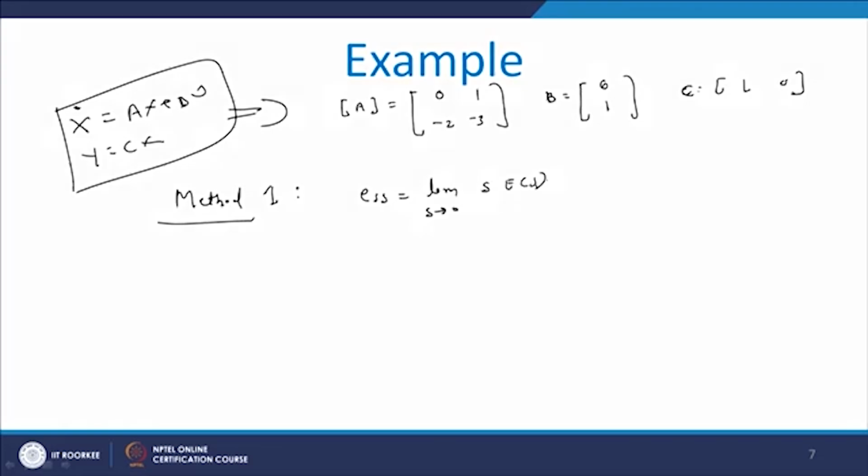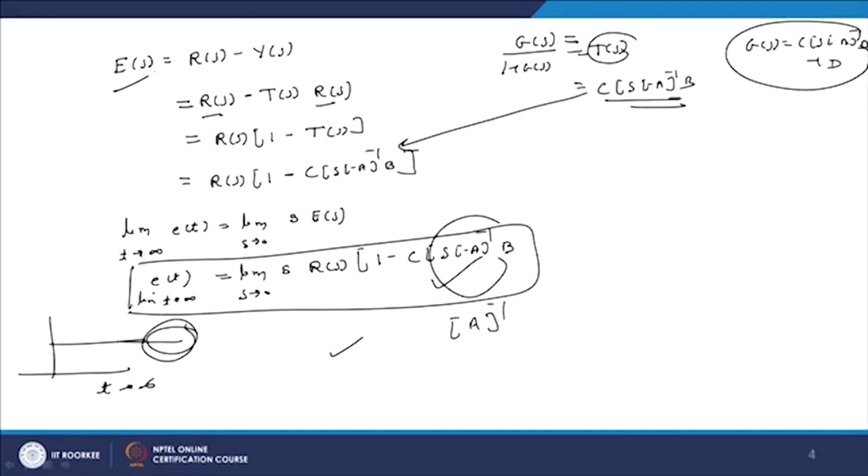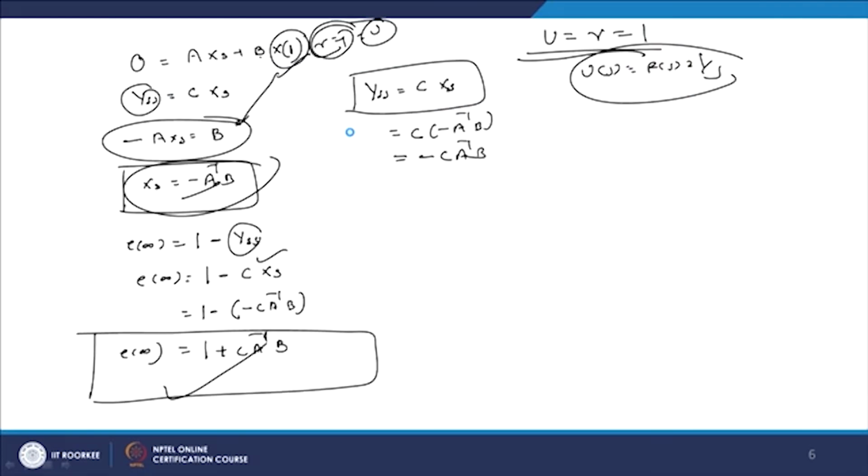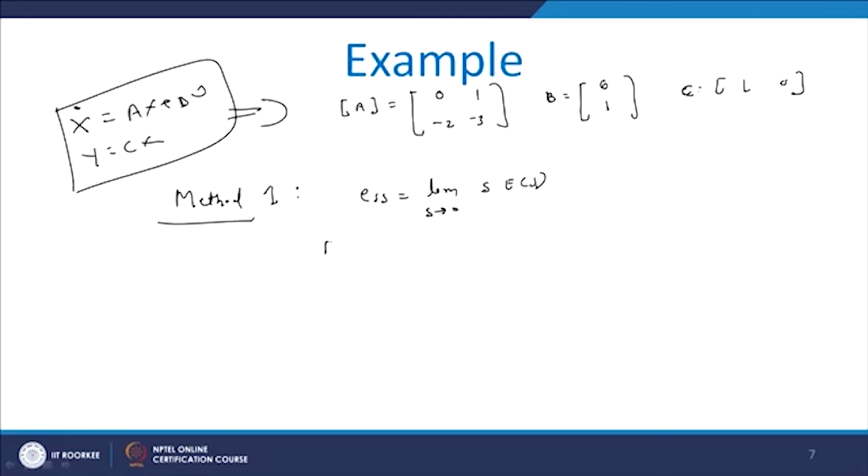We have seen this E(s) is equal to R(s)[1 - C(sI - A)^-1 B], that is E(s) = R(s)[1 - T(s)]. So, we use this formula here, that is E(s) = R(s)[1 - T(s)].